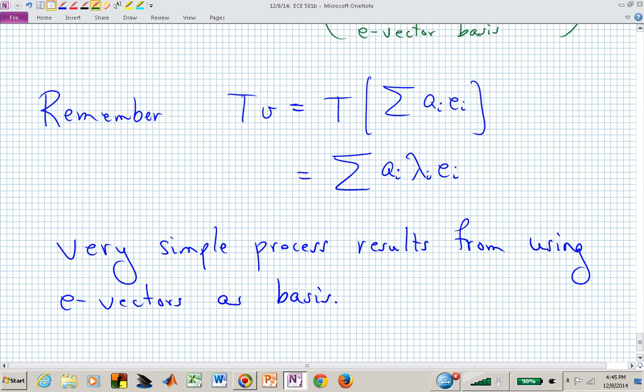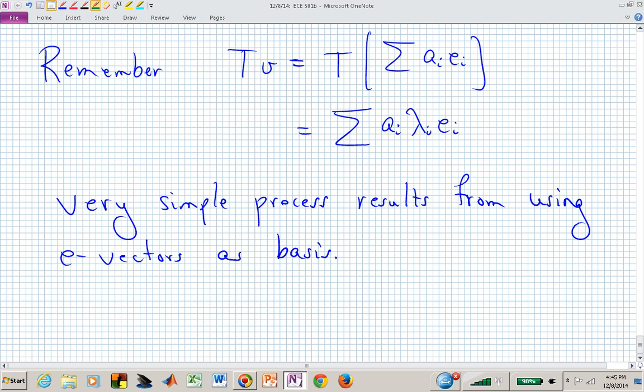Those were our inner products, weren't they? Or projections of our original vector v in the direction of each of these eigenvectors. So to find those coefficients, we could just take these projections or these inner products.